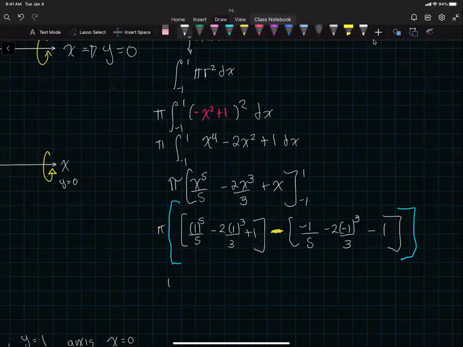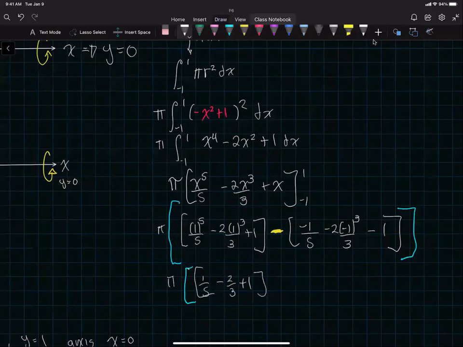I'm going to go ahead and simplify this. This is going to be, let's see, 1 over 5 minus 2 over 3 plus 1.